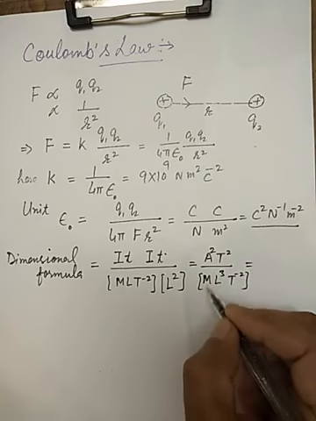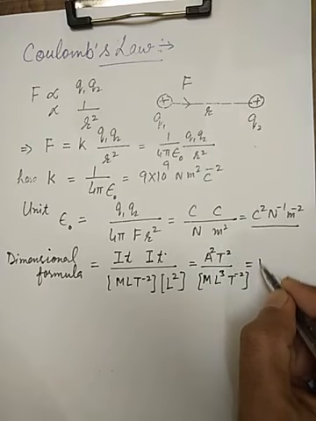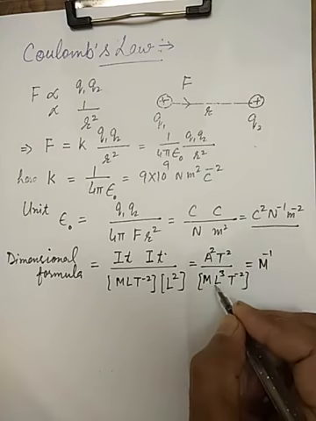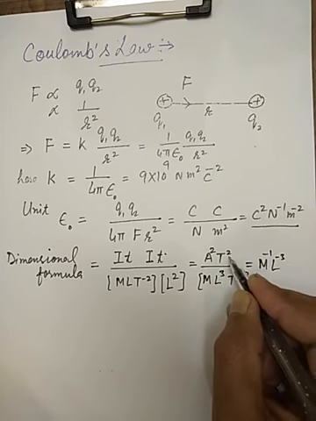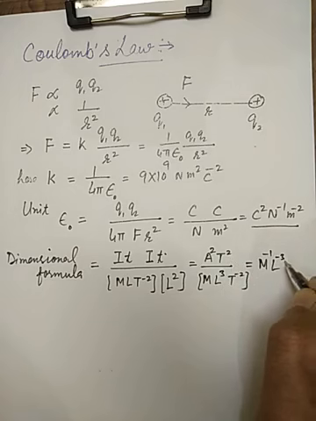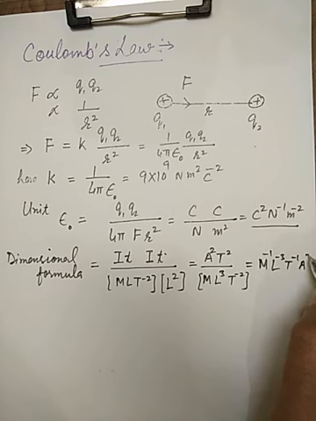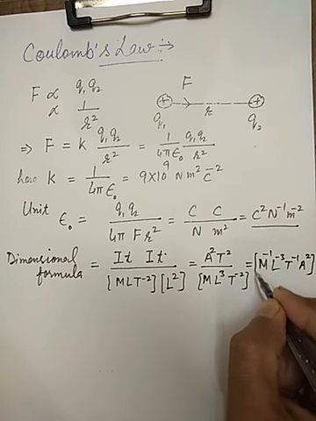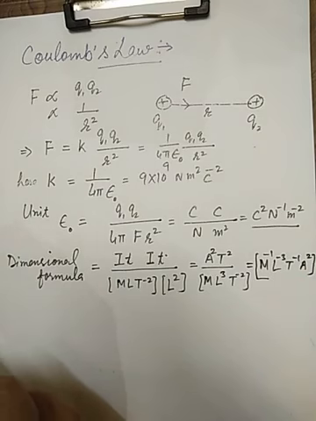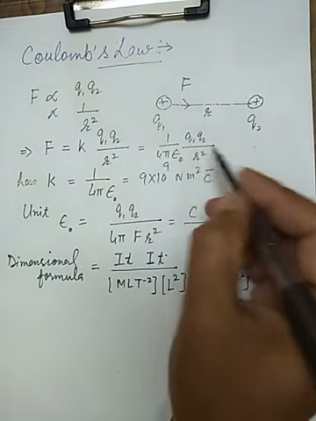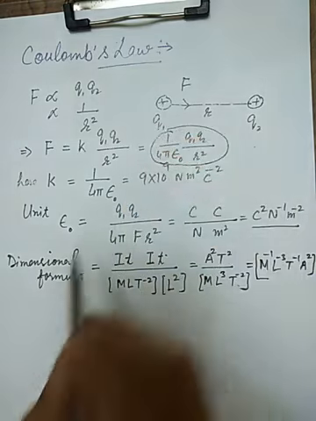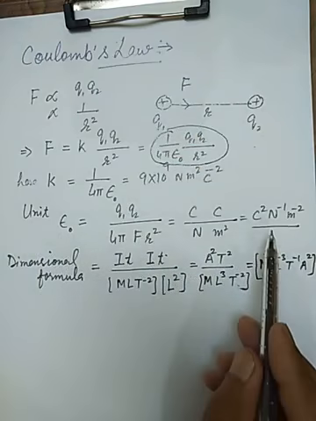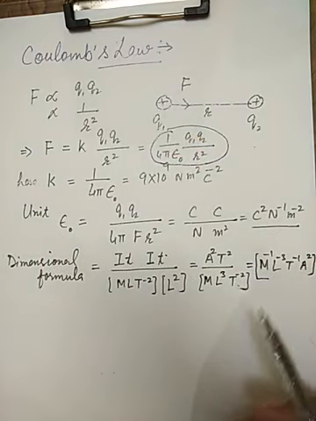Further, it can be rewritten as M to the power minus 1 L to the power minus 3, and T to the power minus 1 cancels, leaving A square. So this is its dimensional formula. By using this relation showing Coulomb's law, we are able to find its unit as well as its dimensional formula.